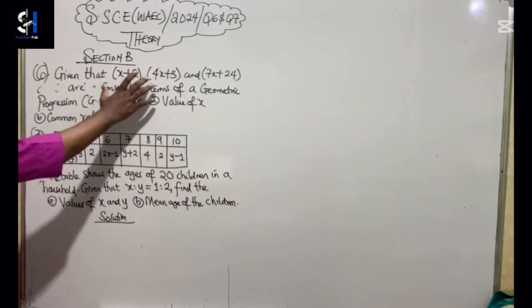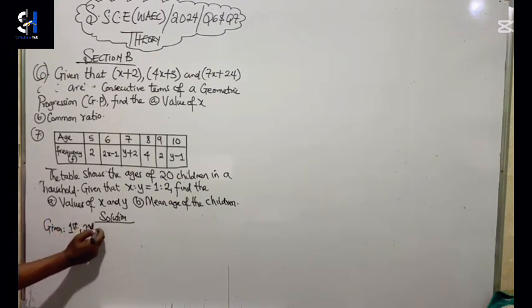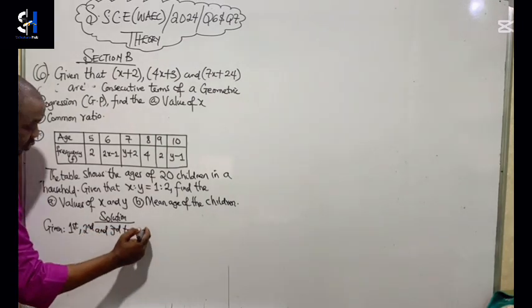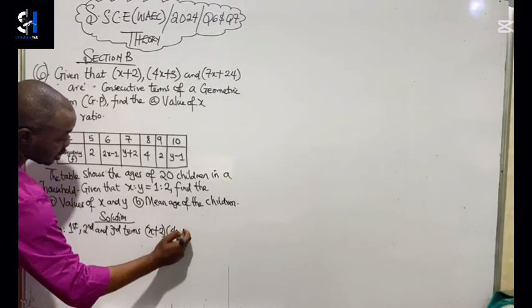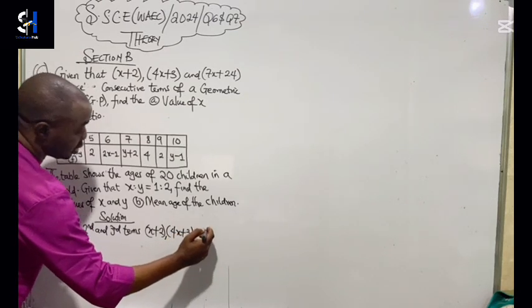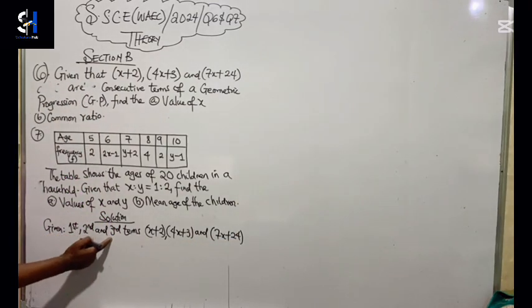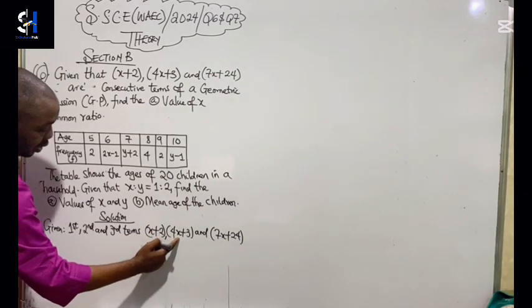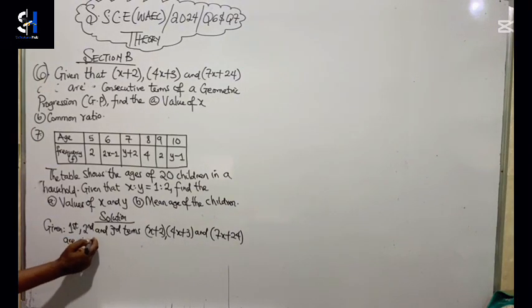So let's say we are given the first, second, and third terms, which are x plus 2, 4x plus 3, and 7x plus 24. They are in GP.